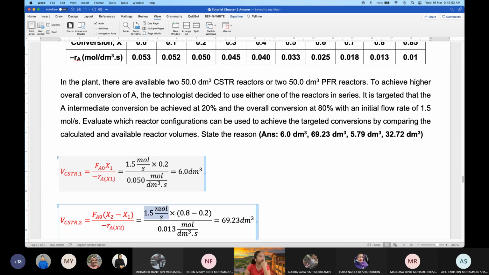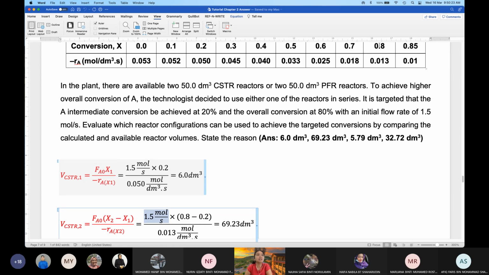So FA0 is still 1.5. FA0 does not change because FA0 is the initial molar flow rate entering the very first reactor. Regardless of whether you have 10 reactors, that FA0 is still the same FA0, it does not change because we calculate from the very first reactor's molar flow rate. In bracket, X2 is 0.8, X1 is 0.2, so you divide by minus RA at your X2.